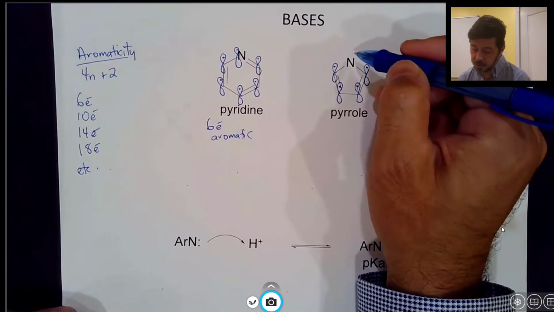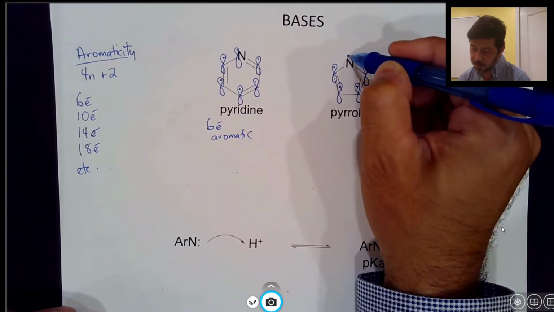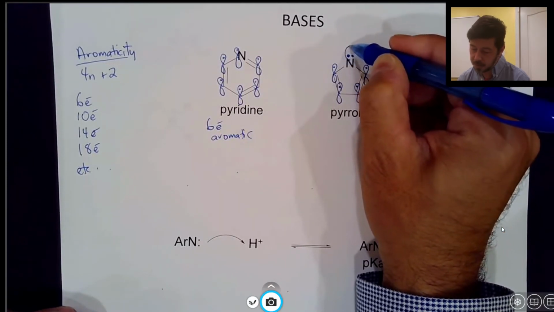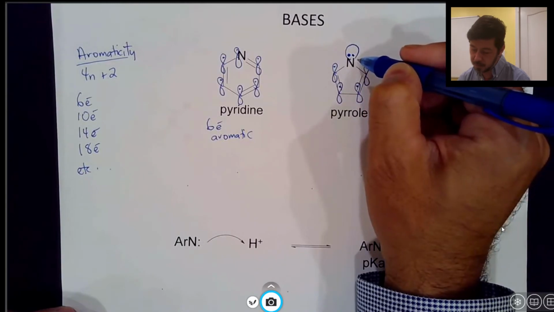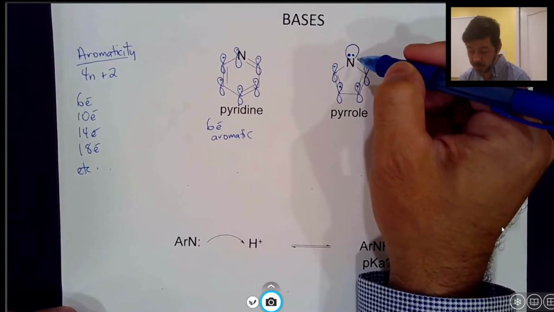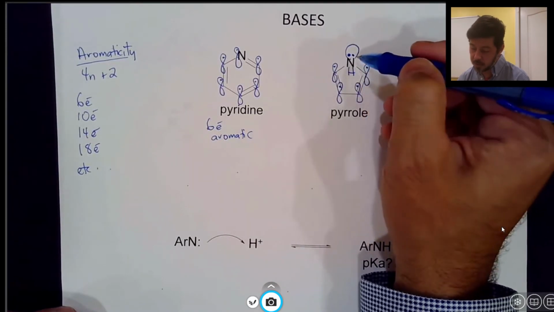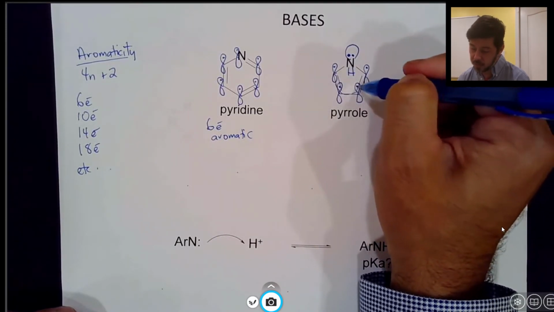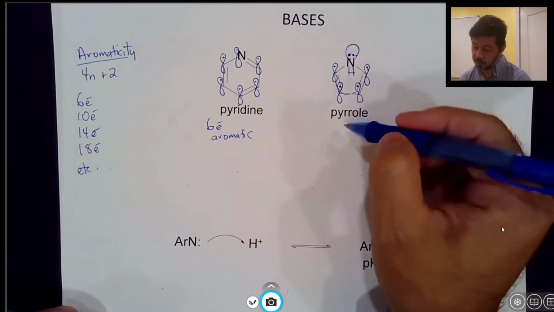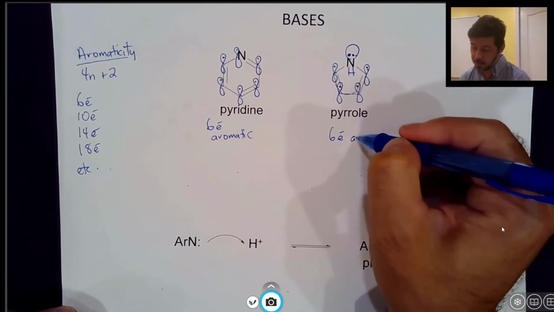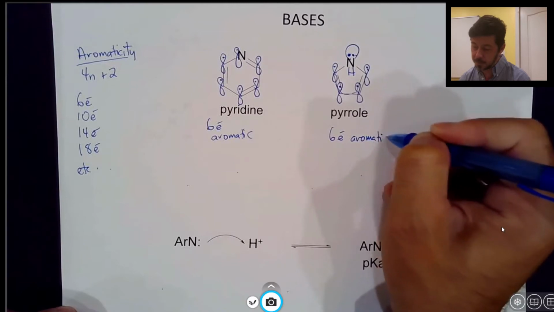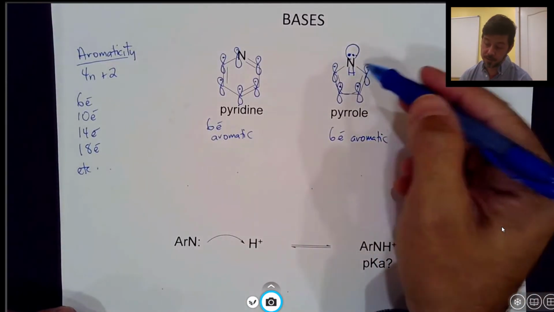And the nitrogen here actually has a couple of electrons too. So in fact, pyrrole has a continuous circuit of 1, 2, 3, 4, 5, 6 electrons. So this is also aromatic, except the electrons are on the nitrogen.